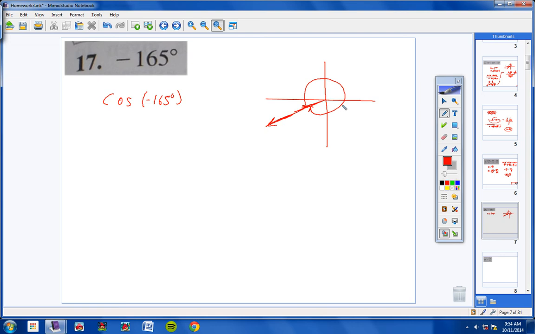The negative 165 degrees is the exact same thing as positive 195 because 165 plus 195 would be 360. I would recommend that you use positive angles here and not negatives because it gets really, really messy when you start trying to use negative angles. That's just my suggestion to you, okay? So you do what you want to, but that's my suggestion to you.